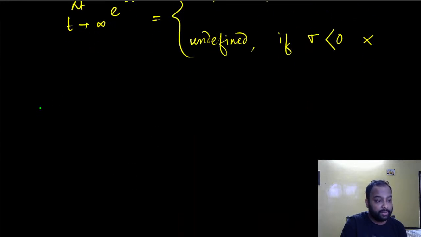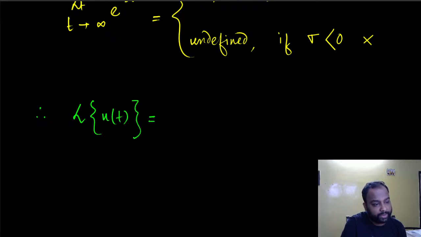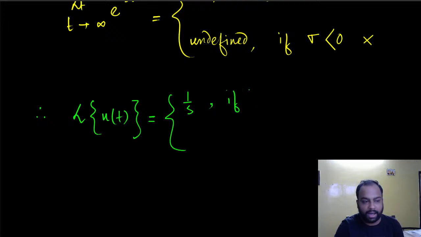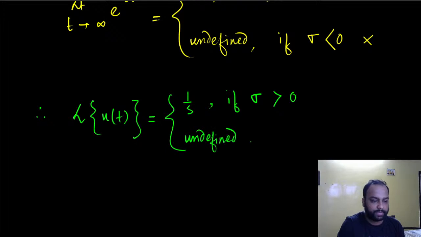So we can say that the Laplace transform of the unit step function u(t) is equal to 1 by s if we assume sigma to be greater than 0, and this is undefined if we assume sigma to be less than 0.